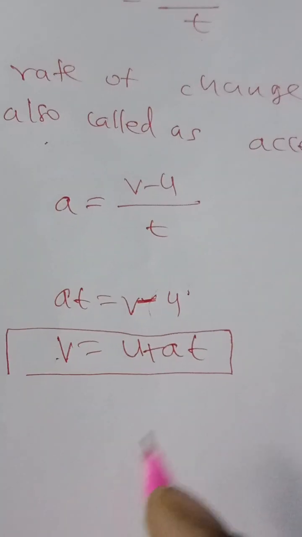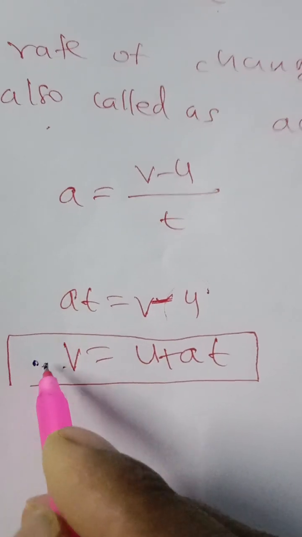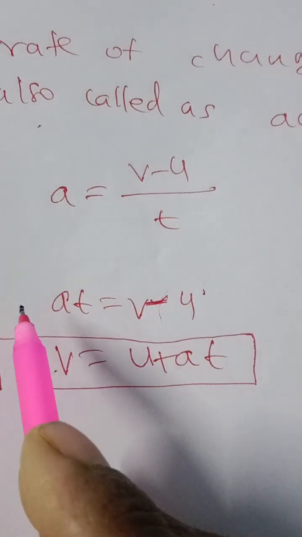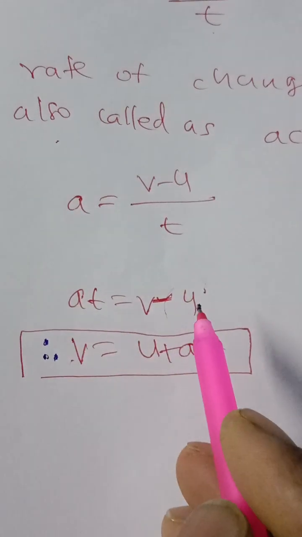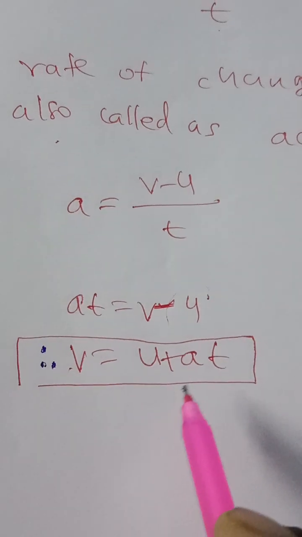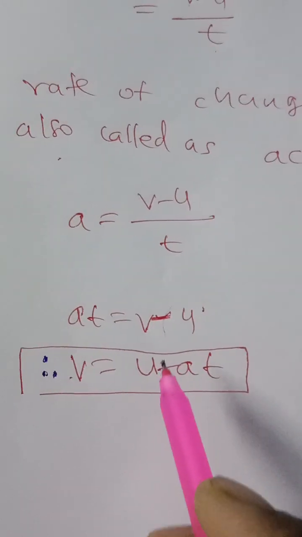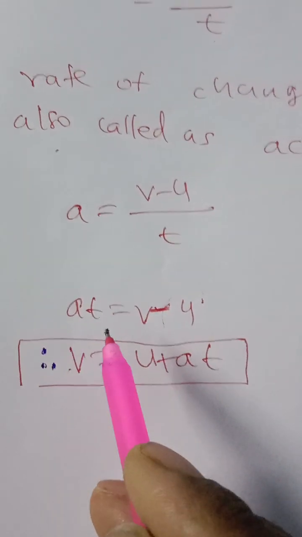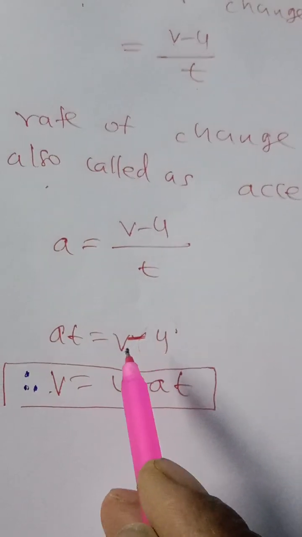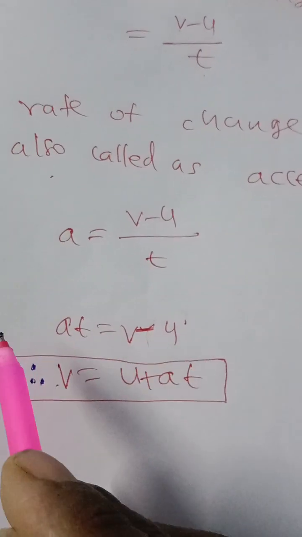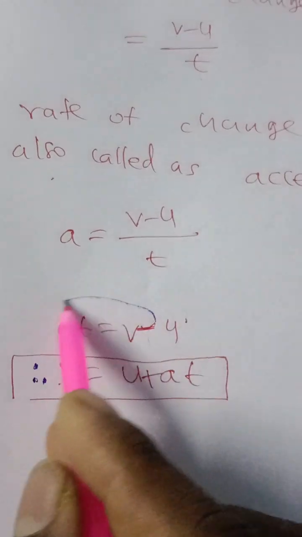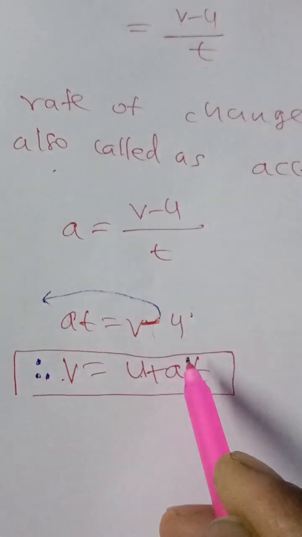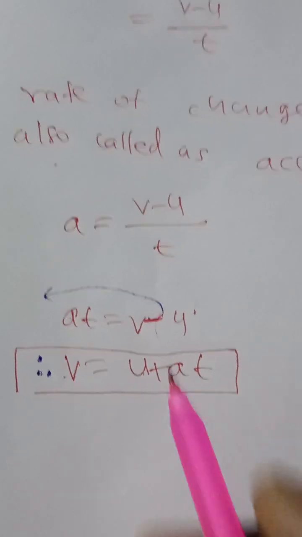Send the minus u to the left hand side. That process is called transposition. Minus u becomes plus u. Therefore, v is equal to u plus at.